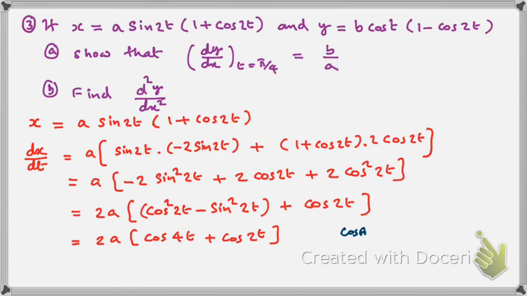cos 2t. And now it looks like cos a plus cos b, and the formula is 2 cos (a plus b) by 2 into cos (a minus b) by 2.